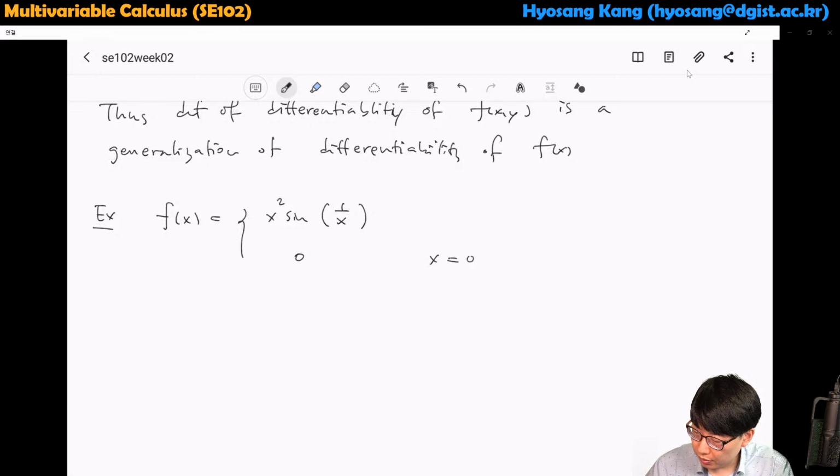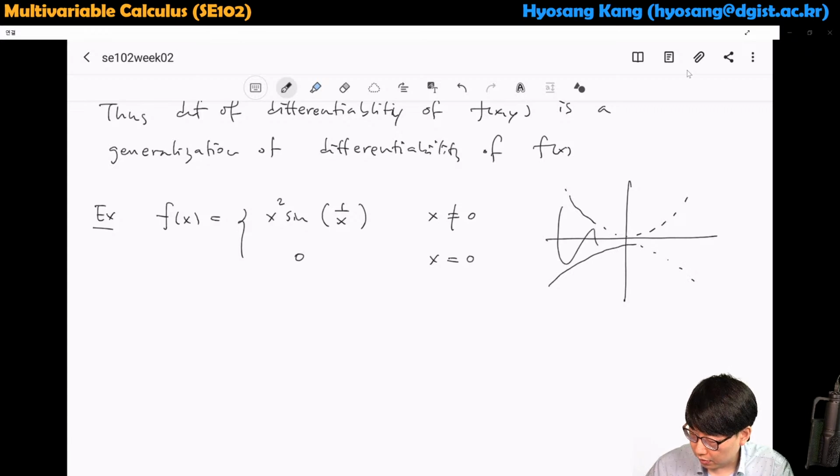So when x equals 0, it's 0. When x is not 0, then it's x squared times sine 1 over x. The graph looks like the following. This is an asymptotic curve, a sinusoidal, but the wiggling gets very dense when x goes to 0, right?